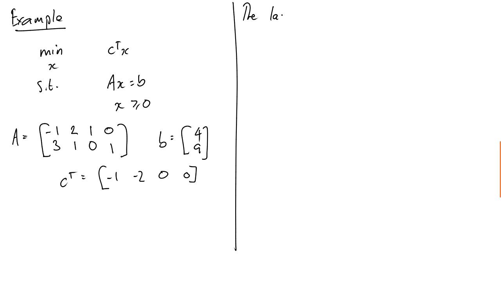Now to start the simplex method on an LP, we need an initial basic feasible solution. I haven't really talked about how to do that yet, but for this one it's actually quite obvious. The last two columns are linearly independent already.